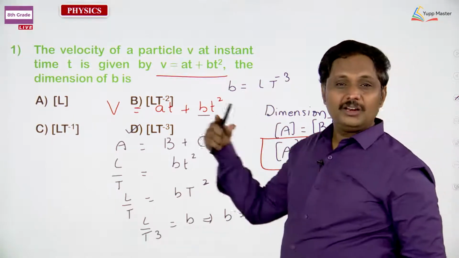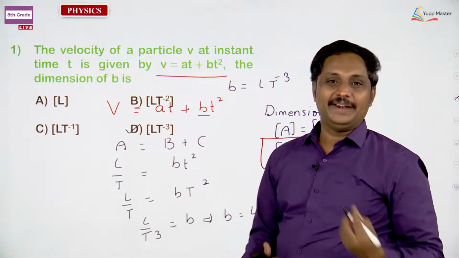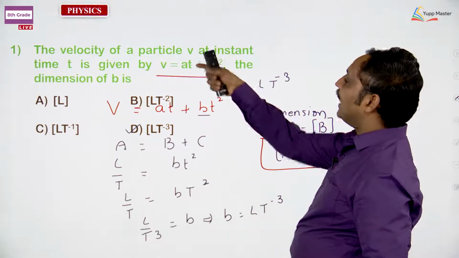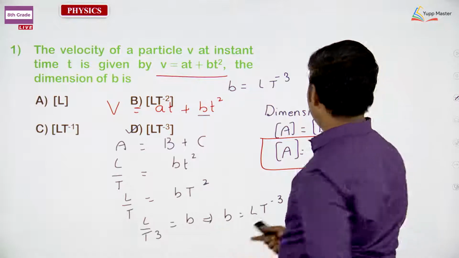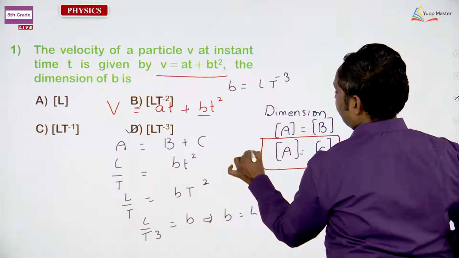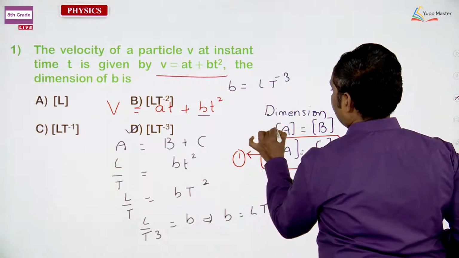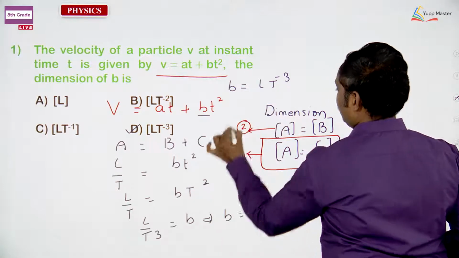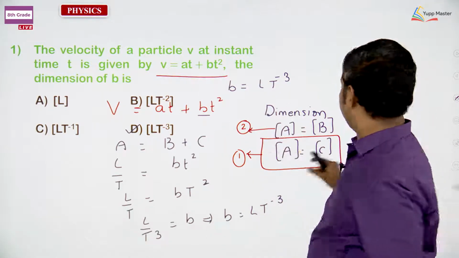Suppose additional information is required. If you want to calculate the A value, what can you do? You have to use this equation. This is the first one, this is the second one. What happens if you use this second relation?